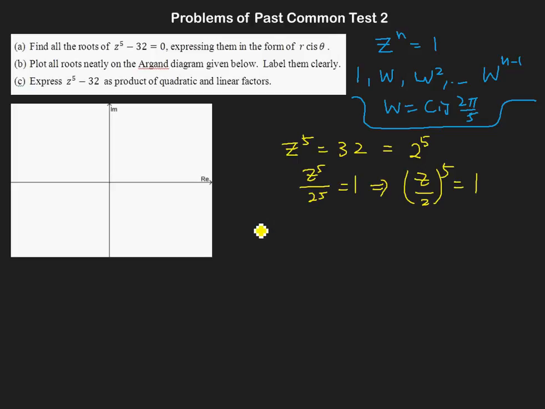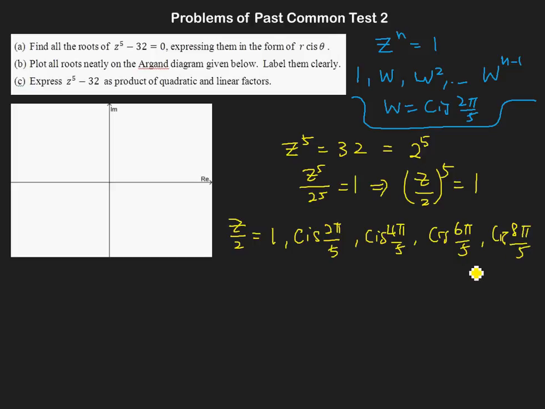It means that the solution to z over 2 is therefore 1, w, w squared and so on until w to the power 4, because with power 5 we have 5 solutions. In other words, this is just 2 pi over 5, and then the third one is 4 pi over 5, then 6 pi over 5, and then 8 pi over 5.